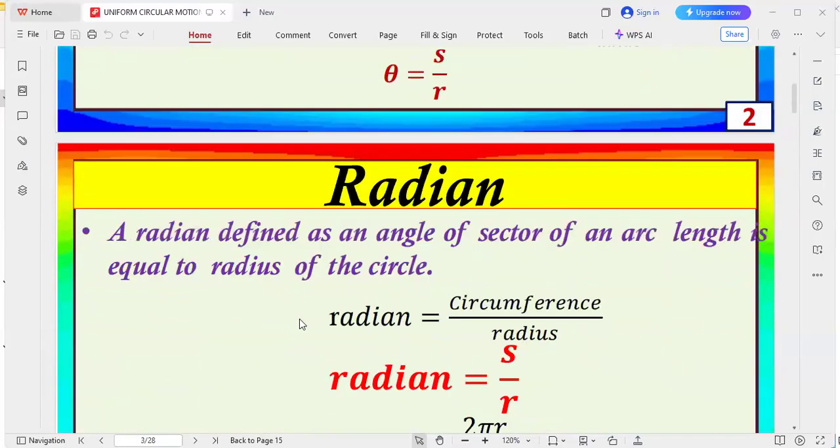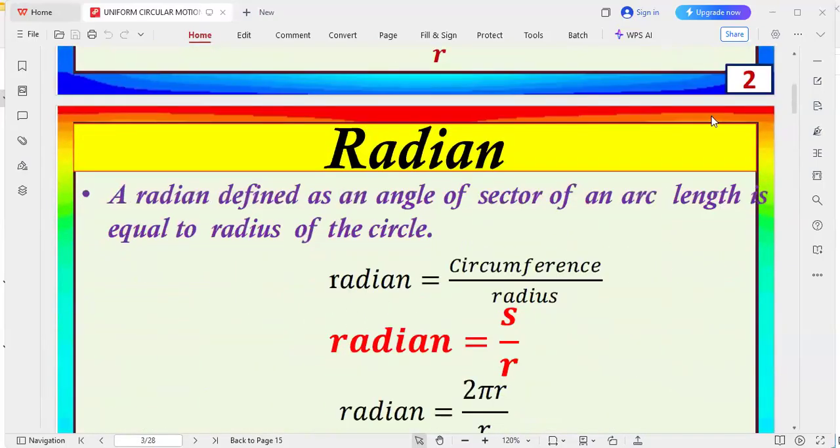We also learned about a radian, and we said that if that angle, the angular displacement described at the center of a circle, given by S/R, when S equals R, then the angle is 1 radian.